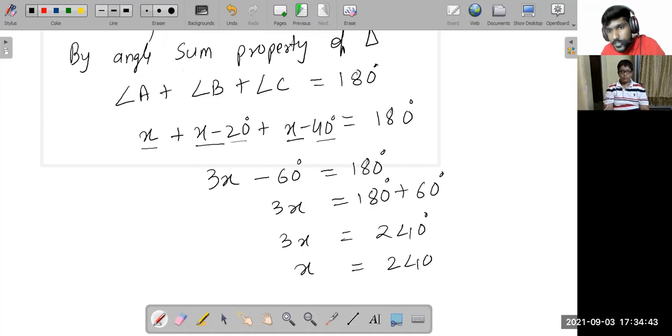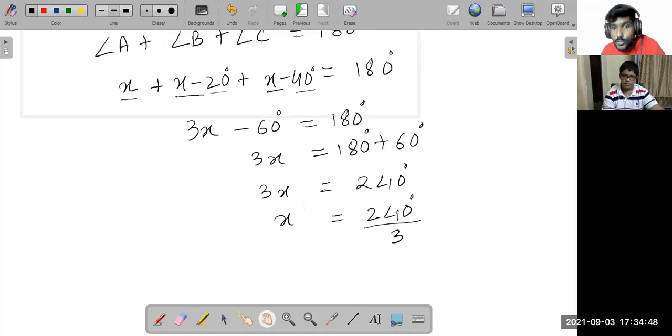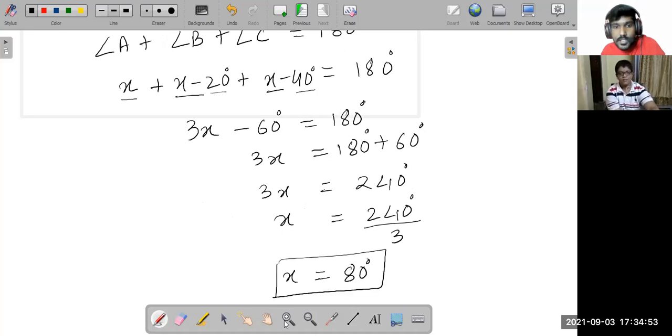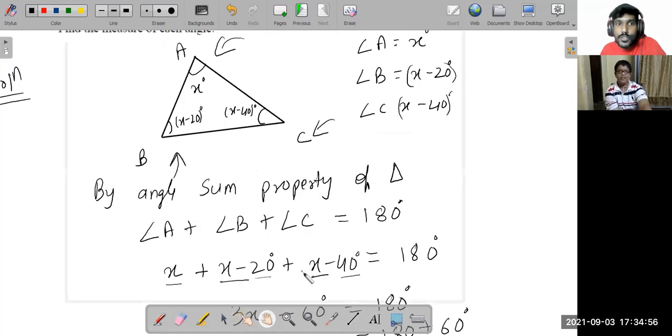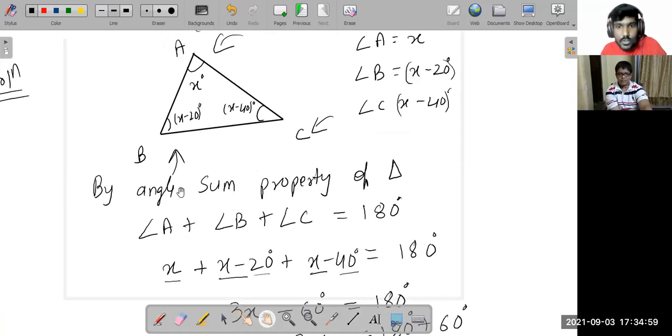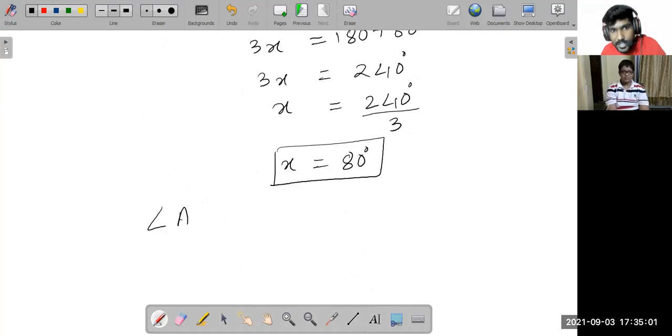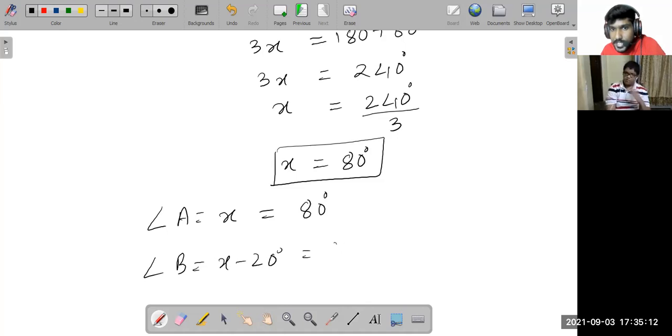Now take 3 on the other side, it will get divided. So 240 degree divided by 3. I think x is 80 degrees. Yes, x is 80, but we are still not finished. Then x minus 20 is 60 degrees. Yes, you have to substitute here. Yes, correct. So we'll do the substitution. Angle A is equal to x, which is 80 degree. Angle B is equal to x minus 20, which is 80 degree minus 20 degree, which is how much? 60 degree.